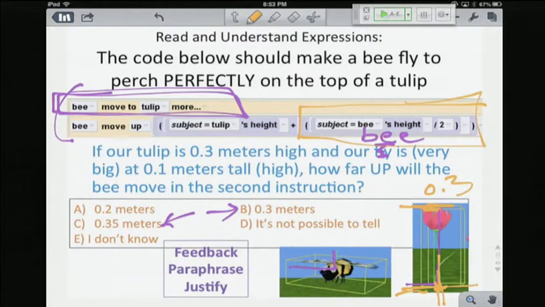It says bee moving up the tulip's height, which again is 0.3, but then we add on the bee's height, which is 0.1, but we don't want to move it all the way up the bee's height because half of the bee's height is actually already above the tulip top. So we just need to get that last half to get his feet up there.